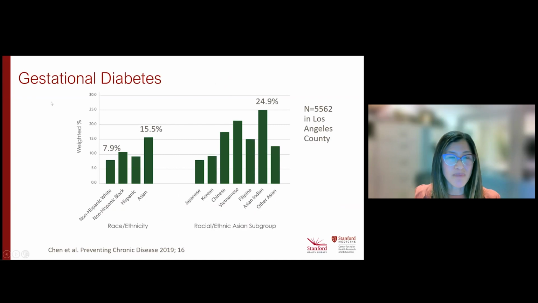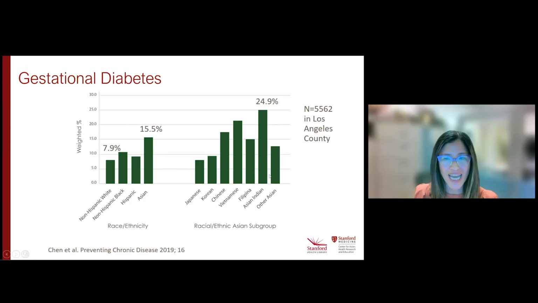I also mentioned maternal diabetes, also called gestational diabetes, and the prevalence of gestational diabetes is also high in Asian American populations. This is a study conducted in Los Angeles County. And when you look at four groups, non-Hispanic white, Black, Hispanic, Asian, the prevalence of gestational diabetes during pregnancy is the highest in Asian Americans.